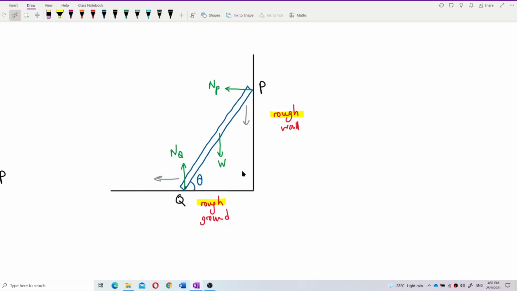The rod tends to slide down. So in the next second, maybe it becomes like that already.